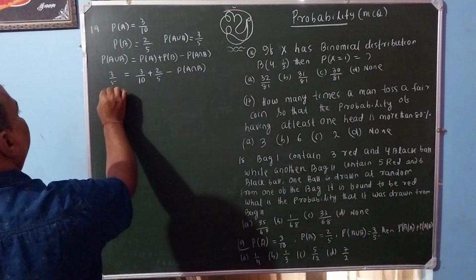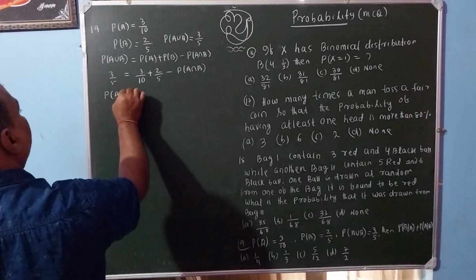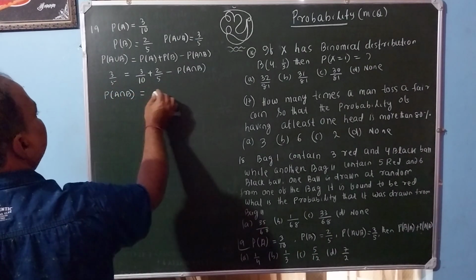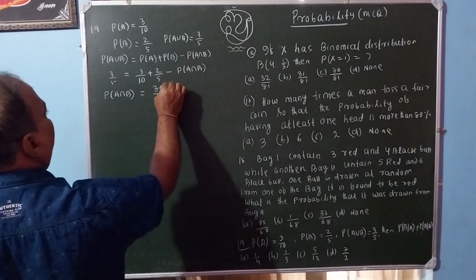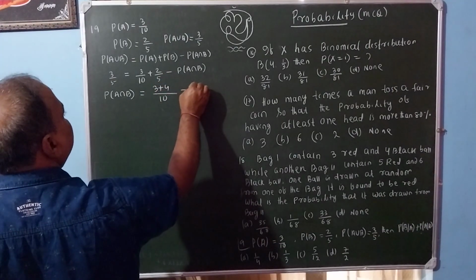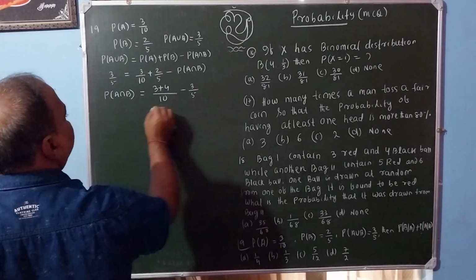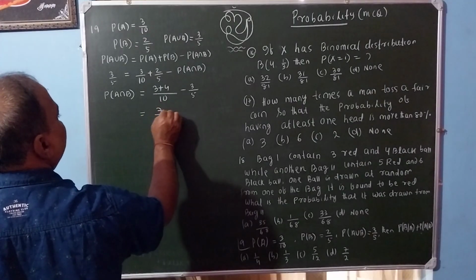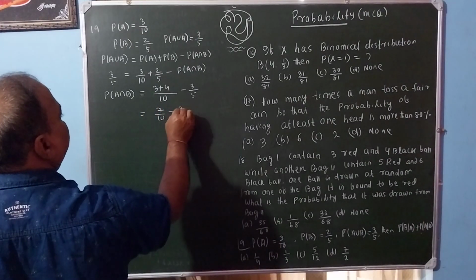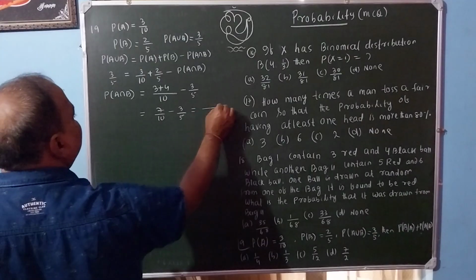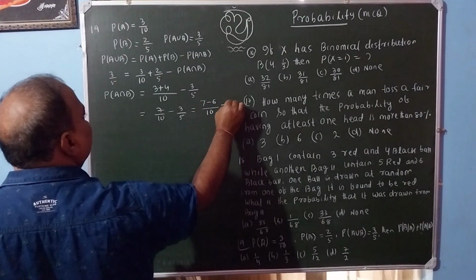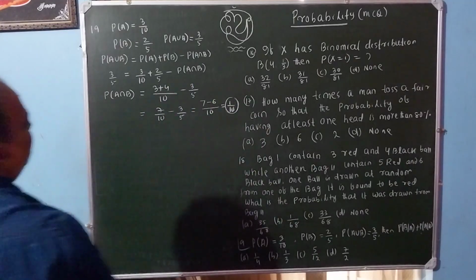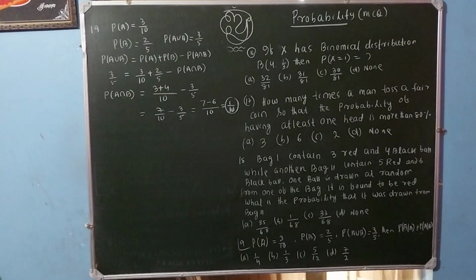After simplifying, that is 7 by 10 minus 3 by 5. LCM is 10, so 7 minus 6 is 1 by 10. The value of probability of A intersection B is 1 by 10.